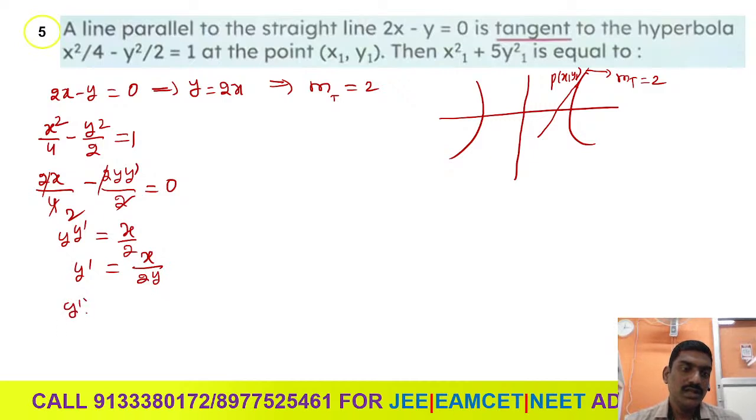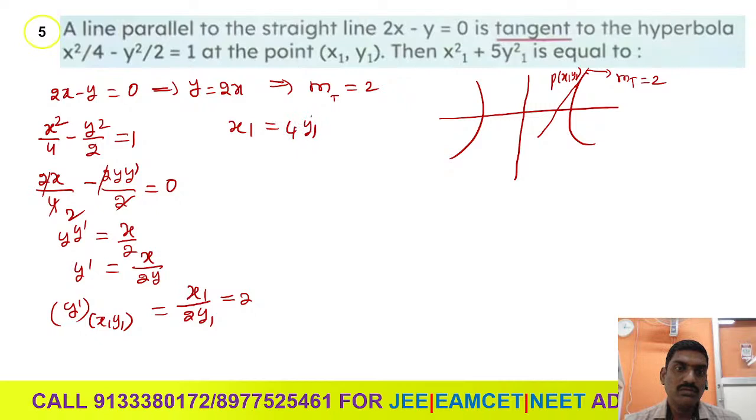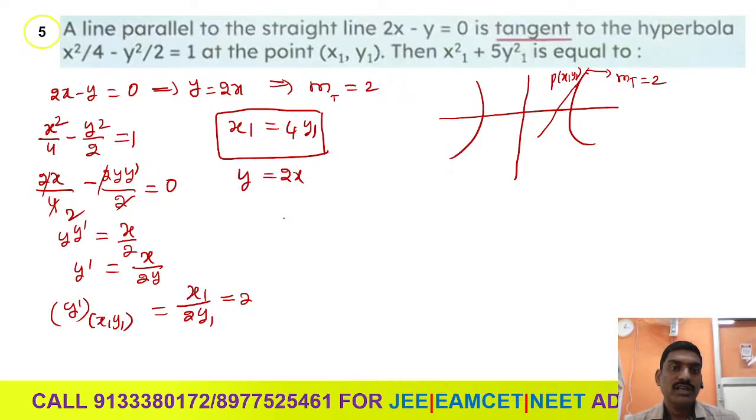Then y dash at the point (x1, y1) is x1 divided by 2 times y1. So this is the slope. So we get x1 is equal to 4 times y1. Already we have y is equal to 2x.